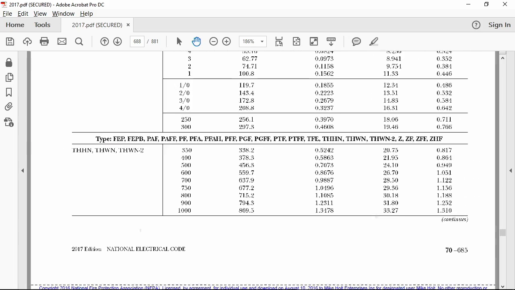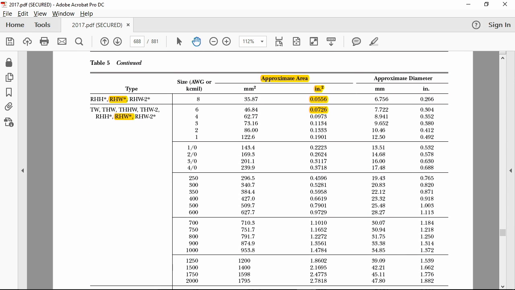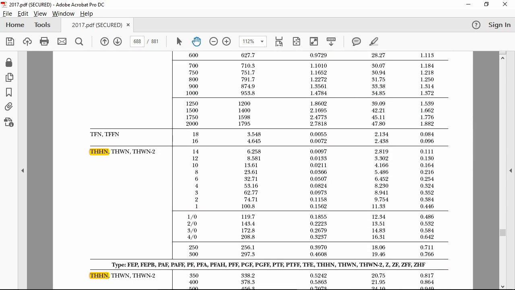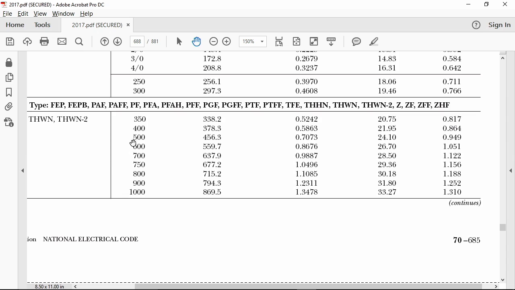I have to make it so I can see which column it's going to be. It's going to be the diameter, all the way on the right-hand side. 500 kcmils to the right is 0.949. Is that right, guys? Looking at that table? 0.949 on Table 5.